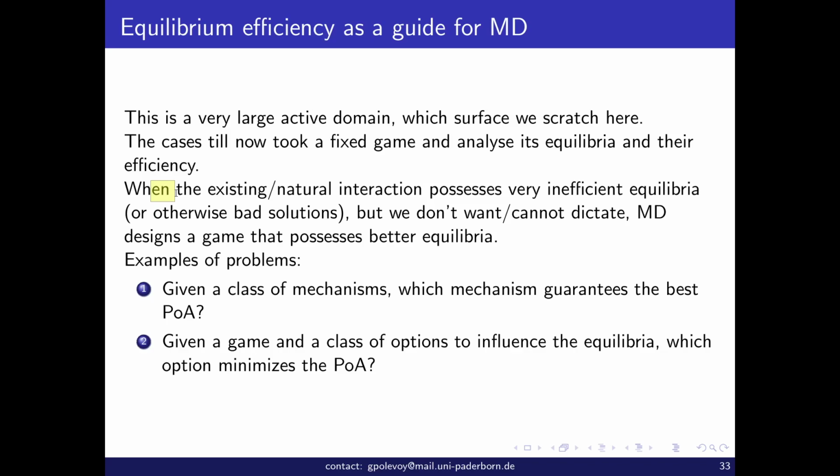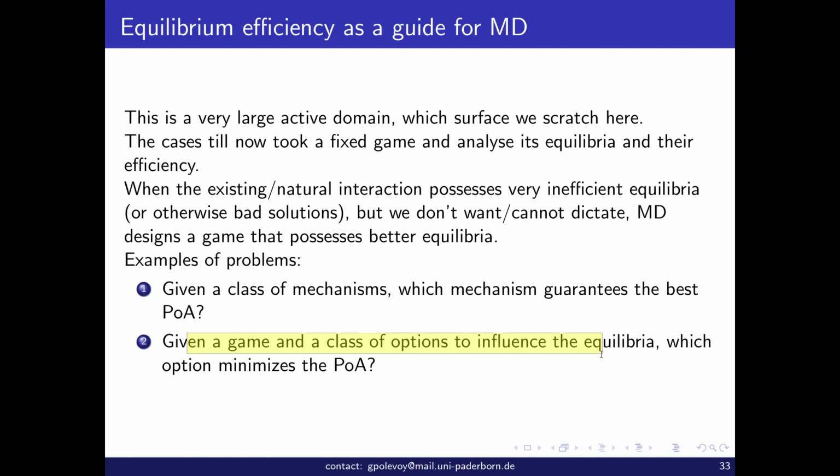And the problems in mechanism design can be, for example, given a class of mechanisms, which mechanism can guarantee the best price of anarchy. Or given a game and a class of options to influence the equilibrium, like you can, for example, give players subsidies if they play in certain ways, but you may not find them or something.